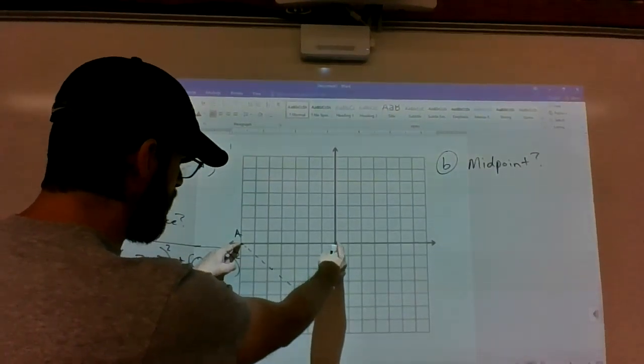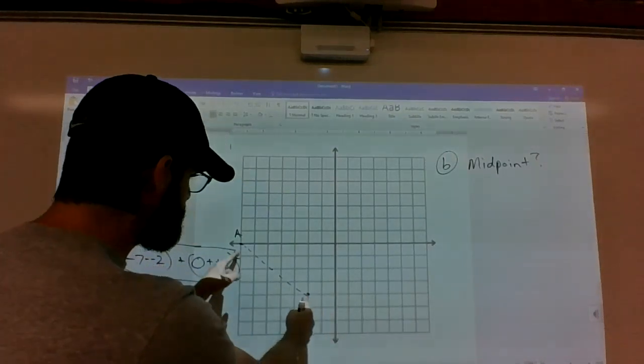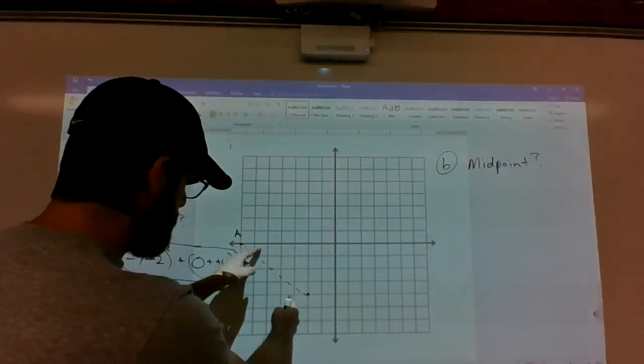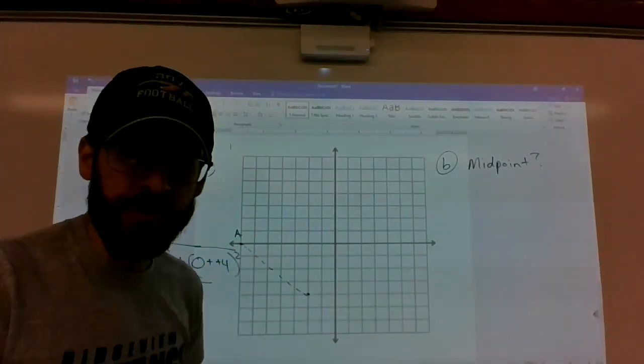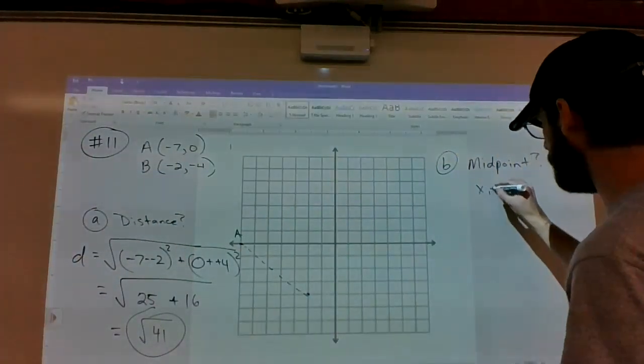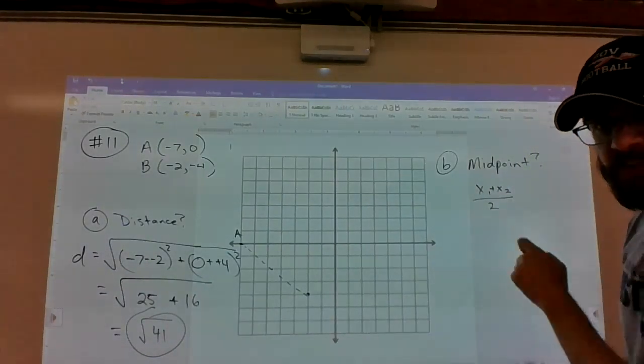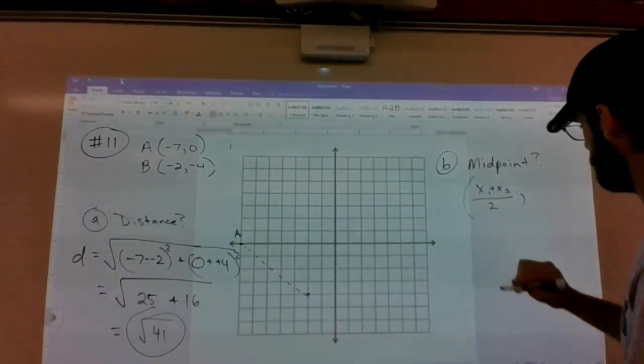So our x's are negative 7 and negative 2. It's the exact middle ground between those two. So what we do is we find the average of the x's. We add them together and cut it in half. That's how you get the average of the x coordinates.